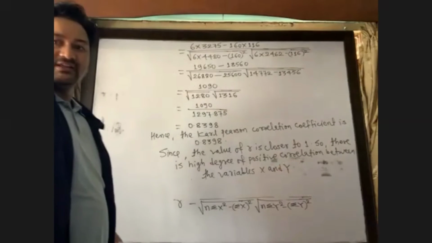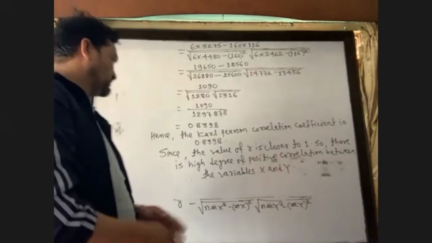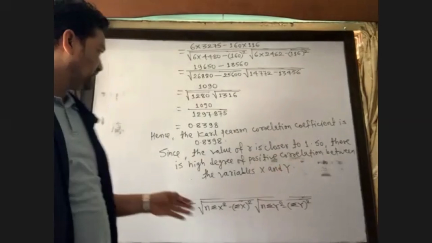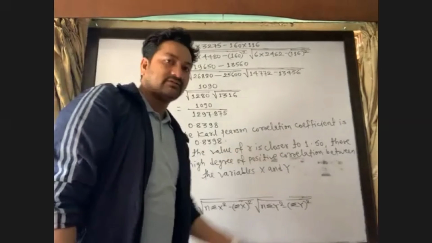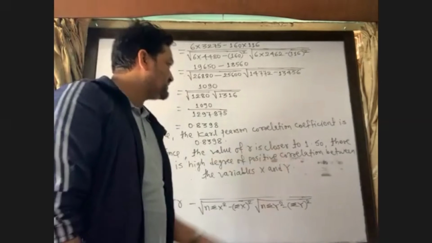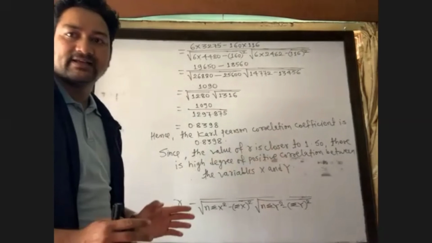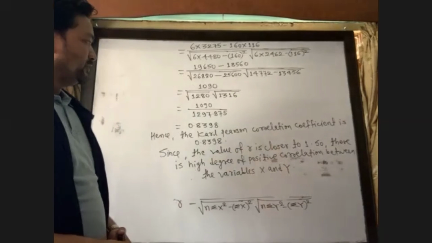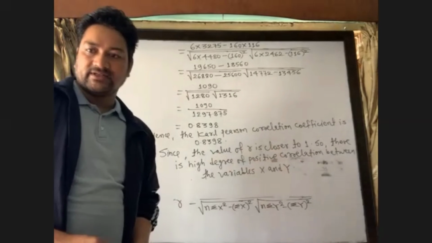Okay, so in this way we interpret the result also. We interpreted this result because the value of r is close to 1, so there is a high degree of positive correlation between the variables x and y. Okay, so in this way this question is completed.